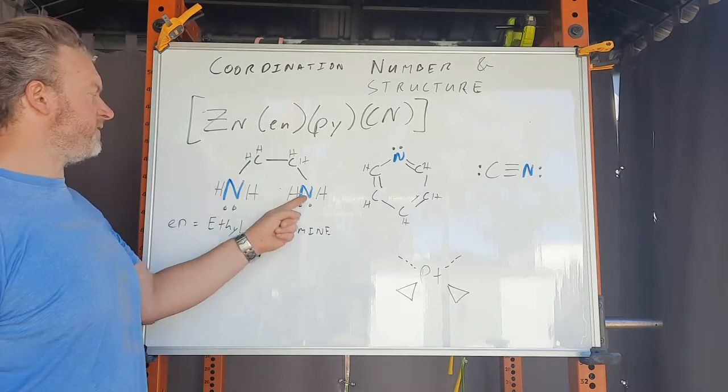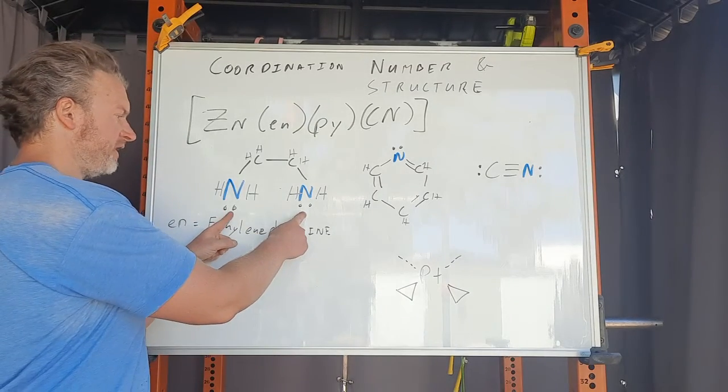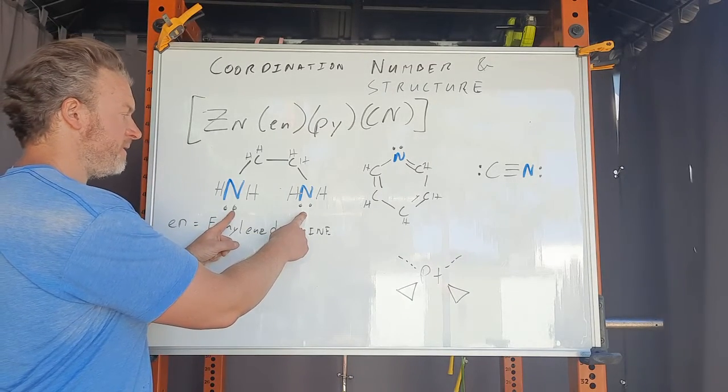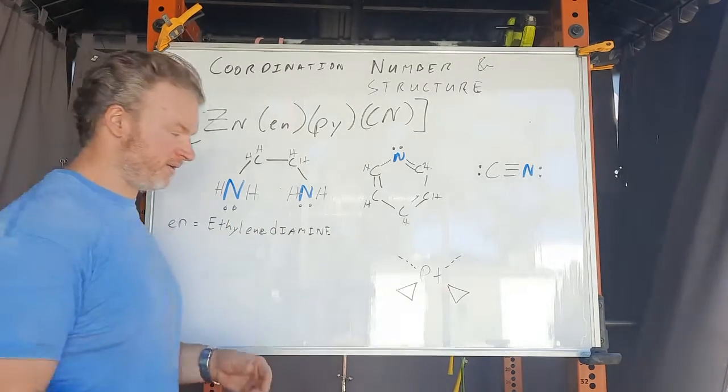What's interesting about ethylene diamine is it is a bidentate ligand. Both of these electron pairs can coordinate to the metal and form a really stable 5-membered ring.